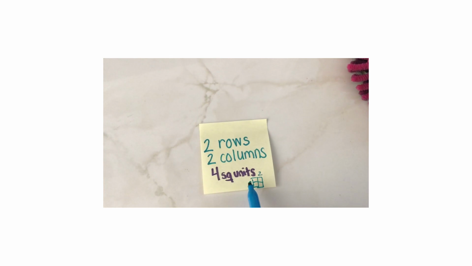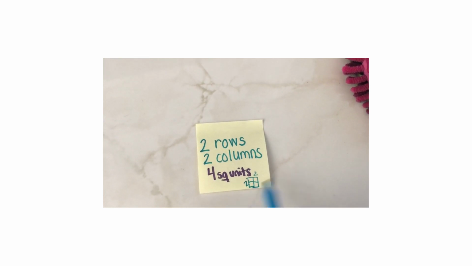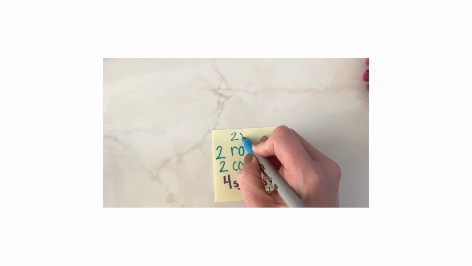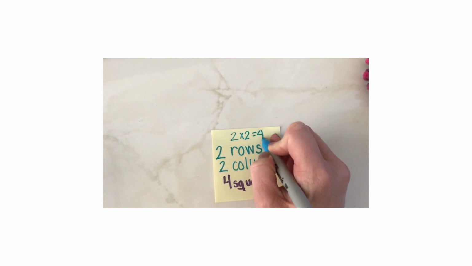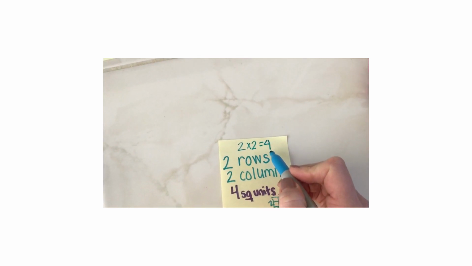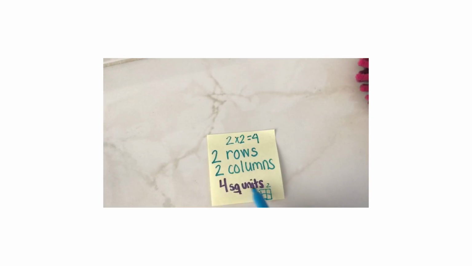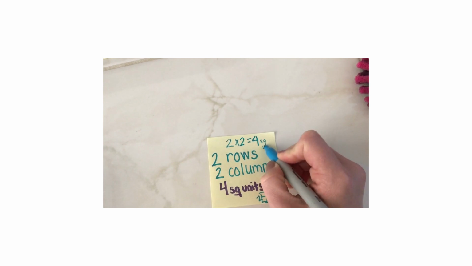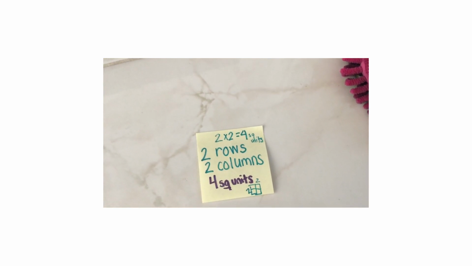So I would find the length times how wide it is, the width, and my equation would be 2 times 2 equals 4. But I can't just leave the 4 all by itself. I have to give it the label of square units. That way I know what I'm finding. Let's try another example.